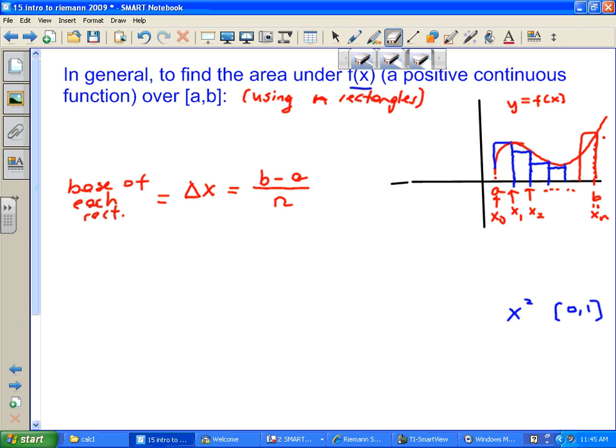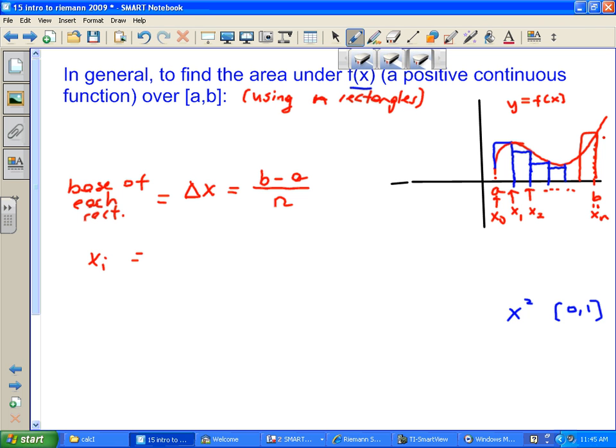Okay, then let's write an expression for the partition points. We call those x sub i. And for the right end sum, when you use the right end points, you really only need x sub 1 through x sub n, which are the right-hand points of your rectangles.